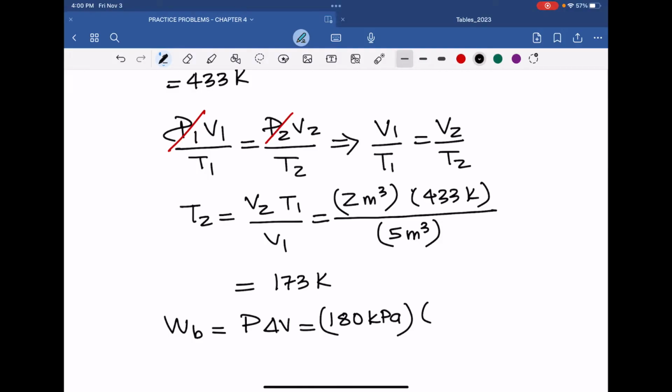And the volume change is from, so initially it was 5, then it is 2. Compression. And this should give us that's it.